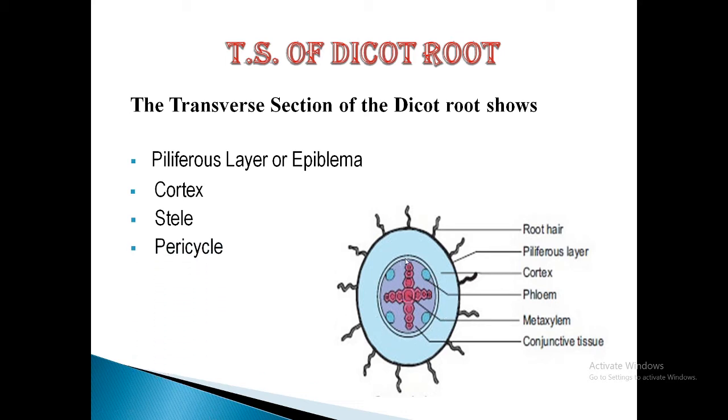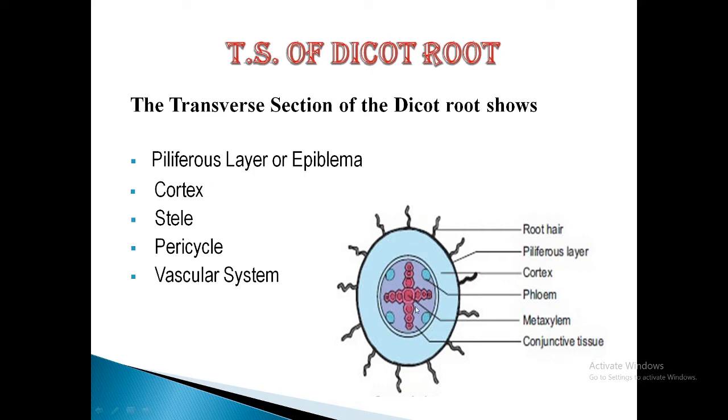Then the pericyclic layer, which is present just below the endodermal layer. Then the vascular system. Vascular system means the xylem and phloem both are present in this region, which is known as the vascular system.